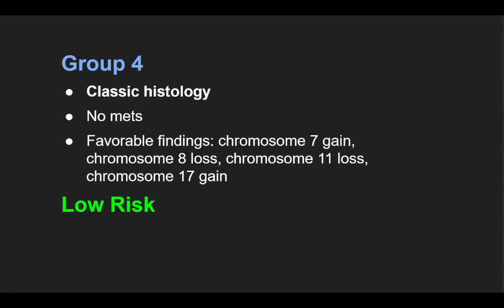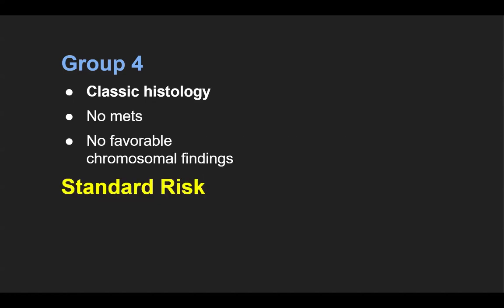Chromosome 7 gain, chromosome 8 loss, chromosome 11 loss, chromosome 17 gain. If you don't remember the findings, that's okay, but you should just remember that if it is group 4 with a classic histology, there are no mets, and there are favorable findings, then this means this is a low risk group.